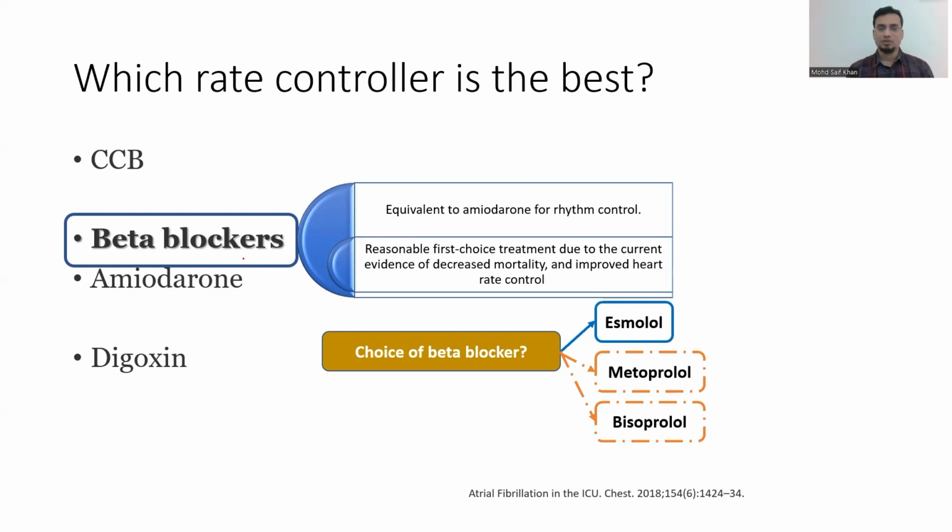Because it is short acting, you can always stop if the patient is developing hemodynamic instability, right? But in case of metoprolol or bisoprolol, you may have to wait, and you may have to start norepinephrine infusion to maintain the blood pressure. So that is why esmolol is considered better than the rest.